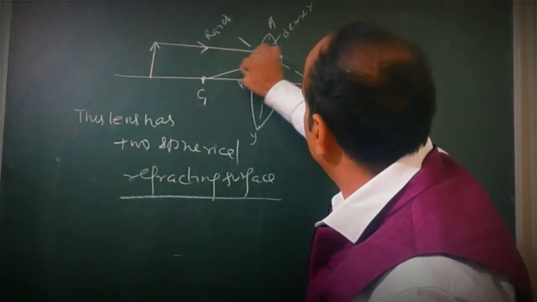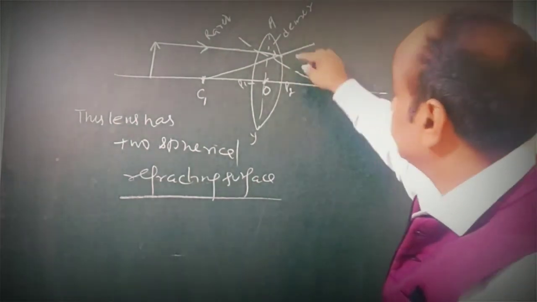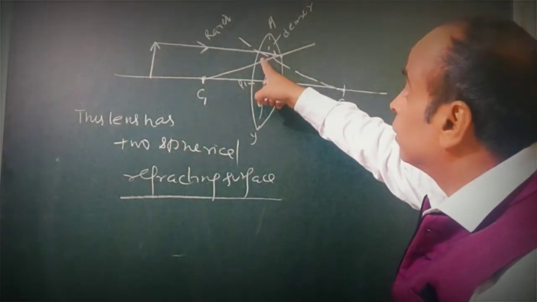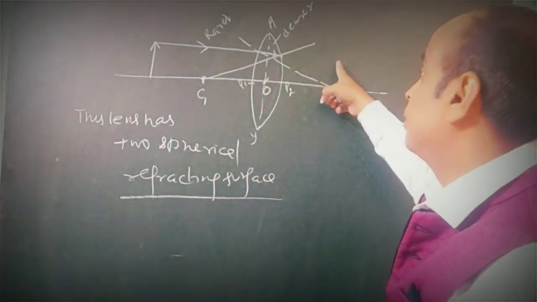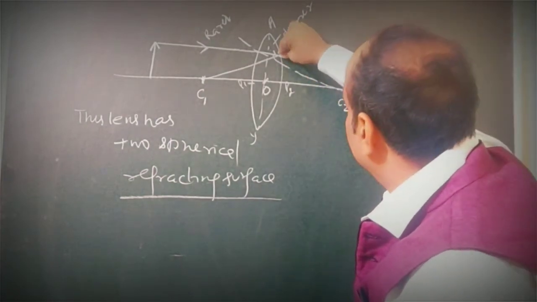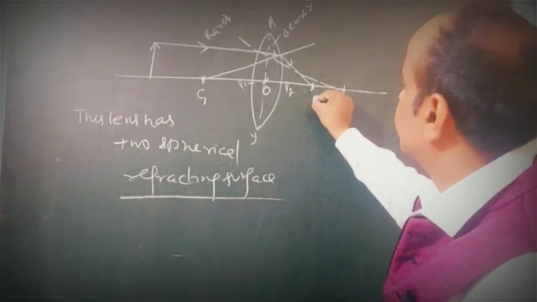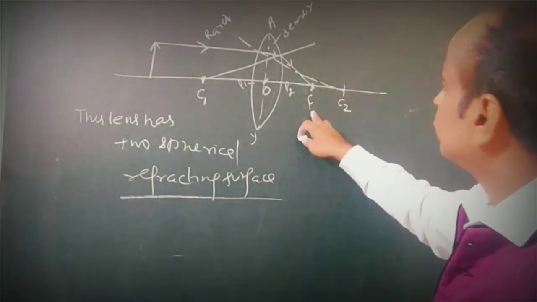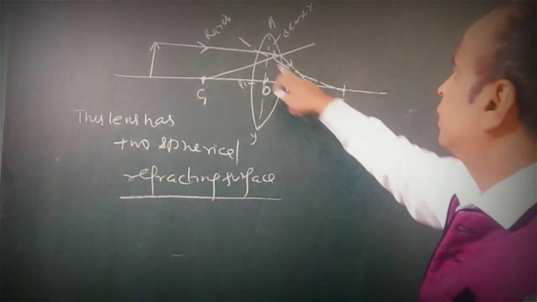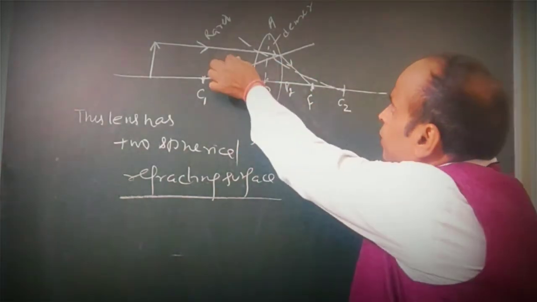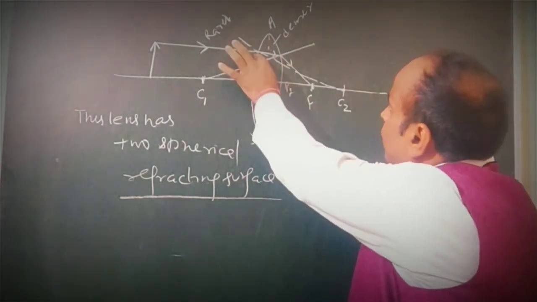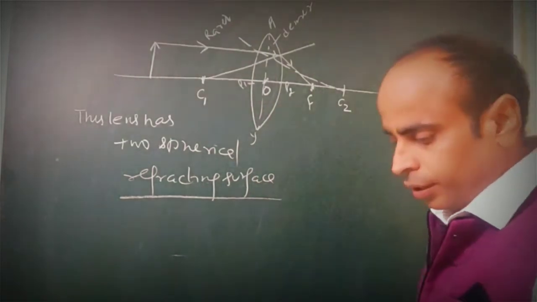Again you draw a normal from the center of curvature. Then the ray of light travels from the denser medium to the rarer medium. It goes away from the normal. So you will see that this ray will bend towards this point, and this point, as you know, is the focus. So this is the way the ray of light undergoes two refractions, one at this point and one at this point.